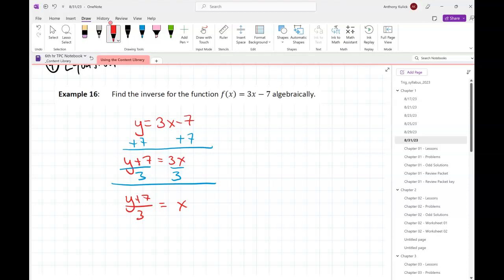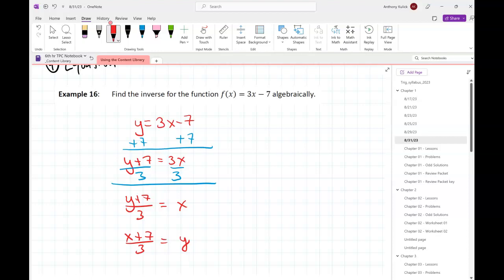What I do next is swap the names of my variables. So everywhere I had an x, I'm going to write y, and everywhere I had a y, I'm going to write x. Remember when we found our inverses before, we just swapped the x and y coordinates?